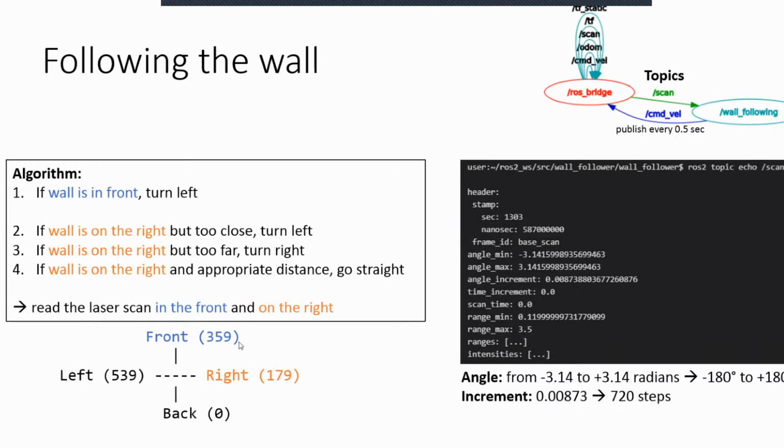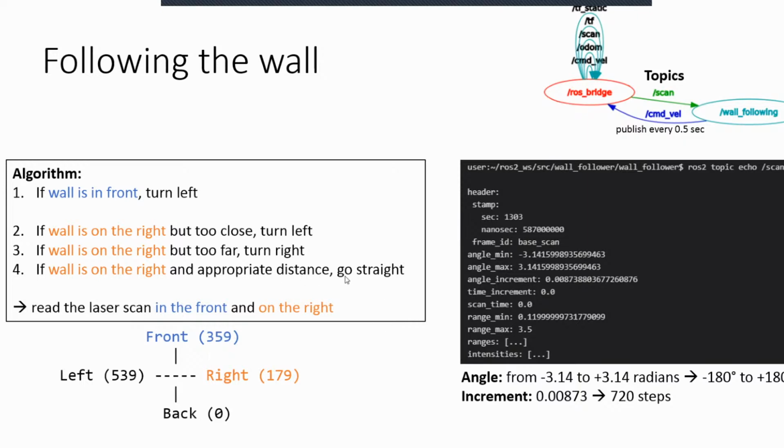So if you read array element 360, that is basically the front laser scan. And if you read the 180th element in the array, you'll get the right laser scan reading. We can make use of this and code this algorithm.